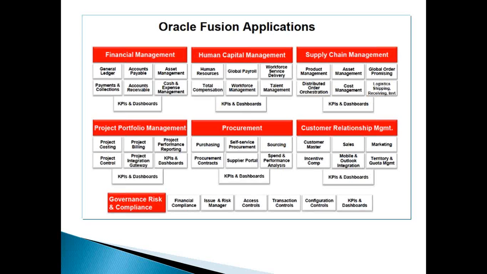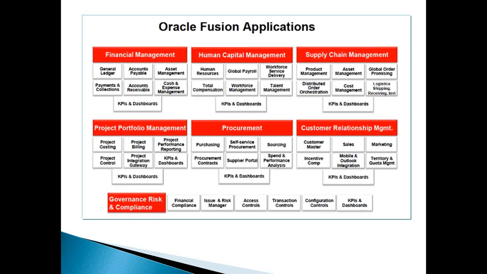And customer relationship management, CRM, they inherited these features from Siebel. Siebel is the best product, as we know, for CRM. From there they took the solution: customer master, sales and marketing, incentive compensation, campaigns, and mobile outlooks, etc., what supports customer relationship management very effectively, all products they have in this.